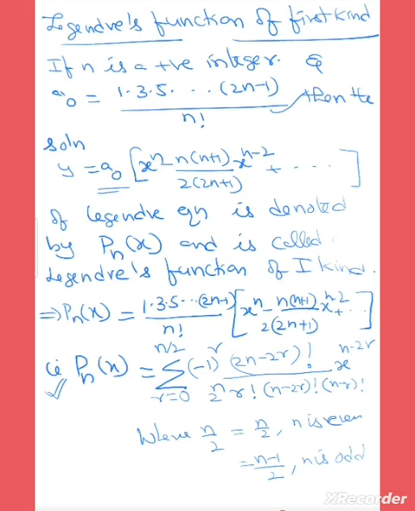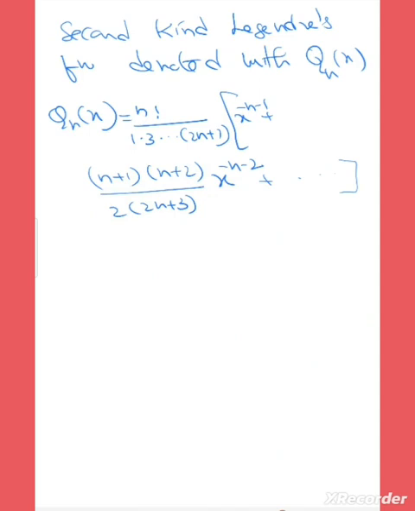In the summation, the upper bound should remain n by 2 when n is even, and n minus 1 by 2 when n is odd. So if there is a question on the second kind, just write this.